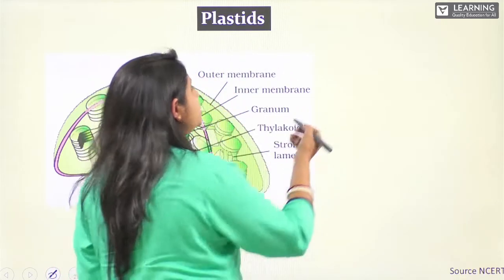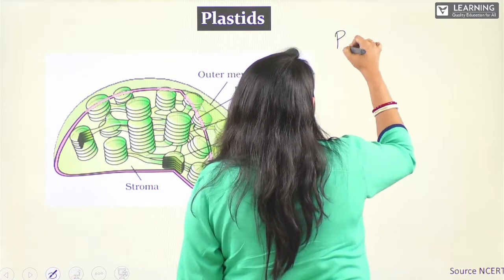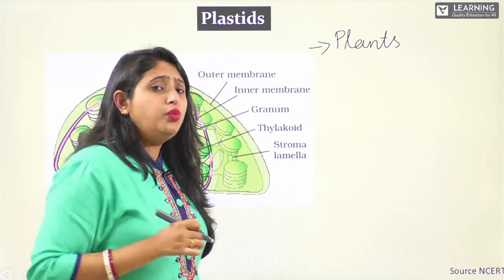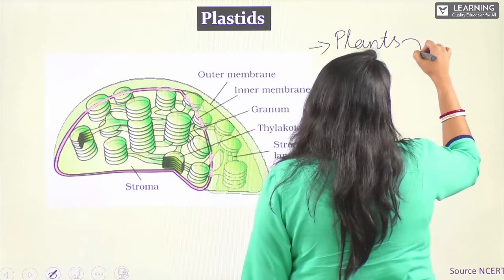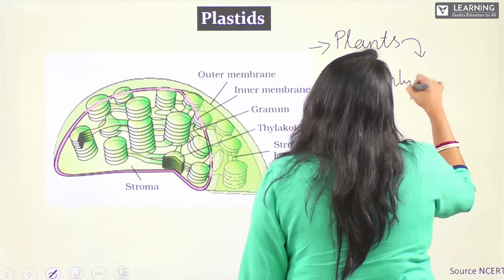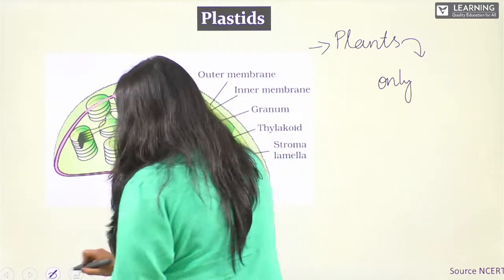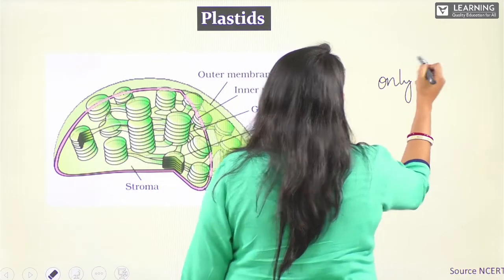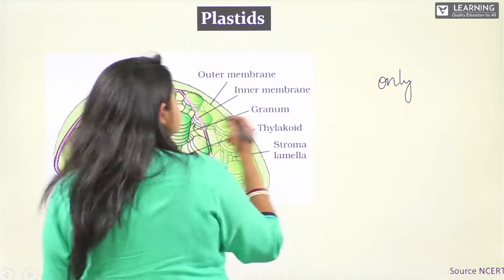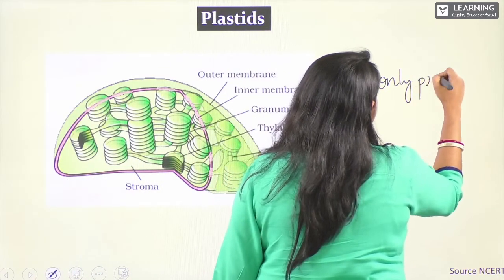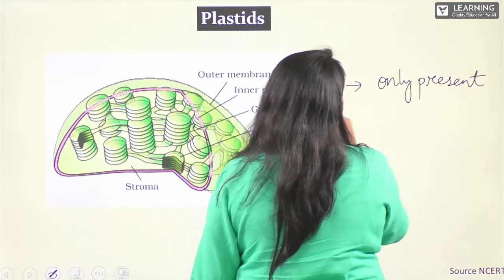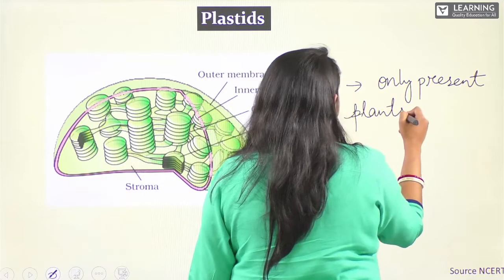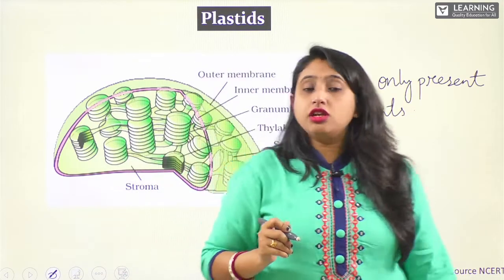So plastids are the cell organelles which are present only in plants.